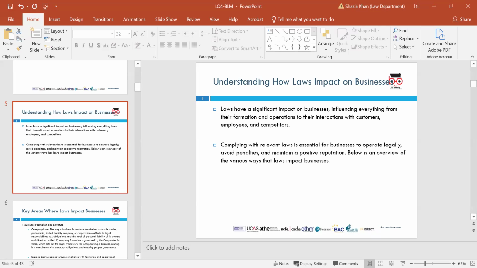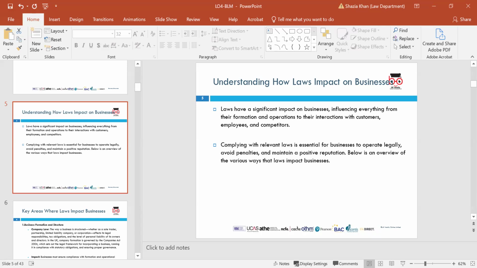Sometimes these laws can be really complex and time consuming, and businesses must often invest in legal advice, training and equipment to ensure they're compliant. Because if they're not compliant, then they are breaking the law.